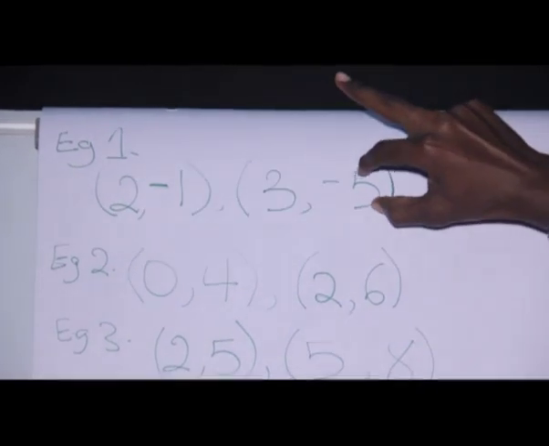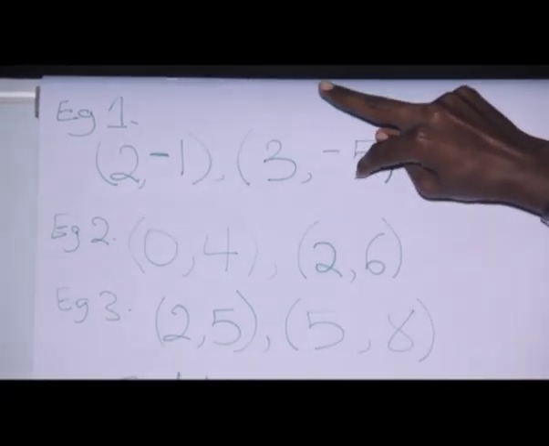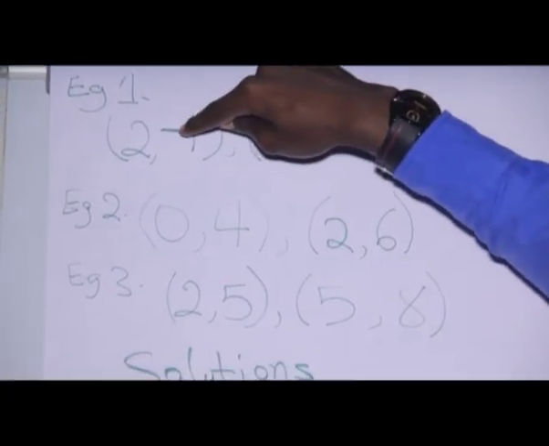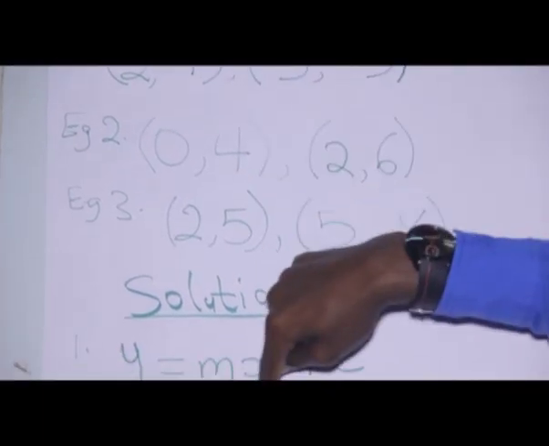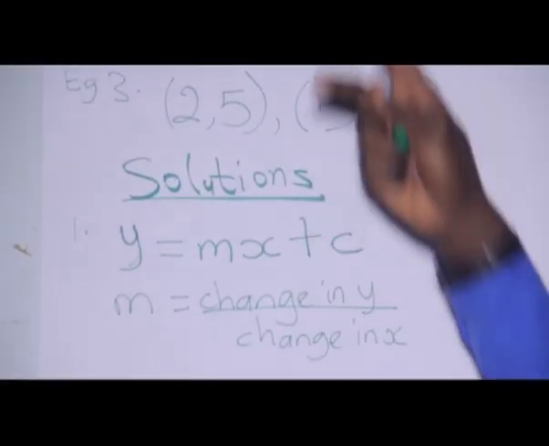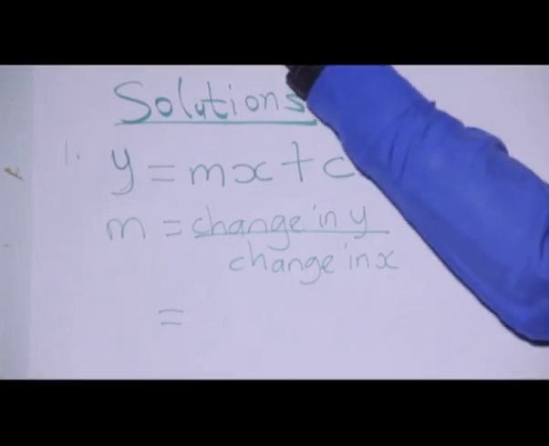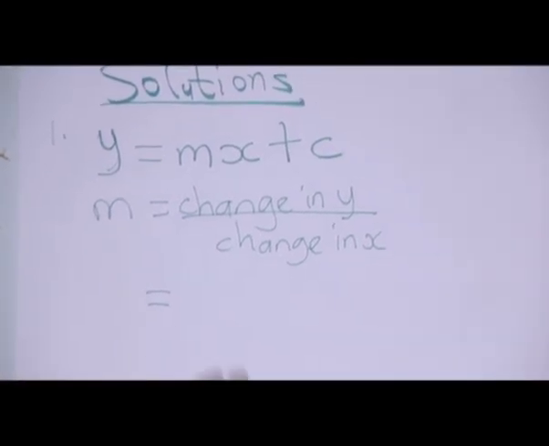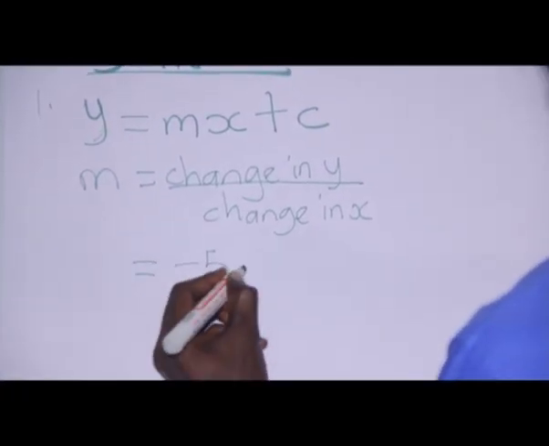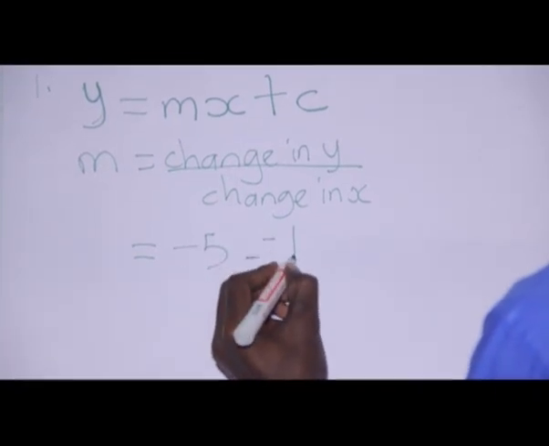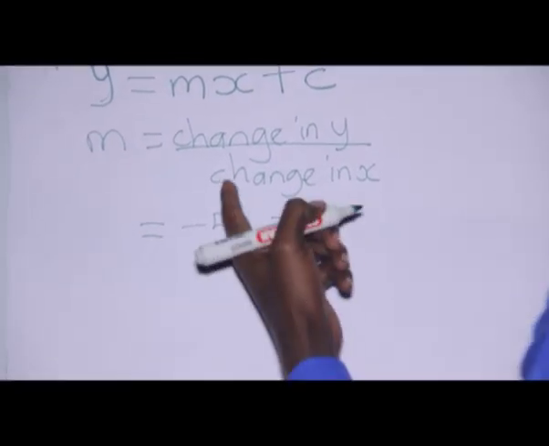I get -5, which is my y coordinate here, and subtract it from -1, which is my y coordinate here. That is what I mean by change in y. So I have -5 minus -1, divided by change in x.